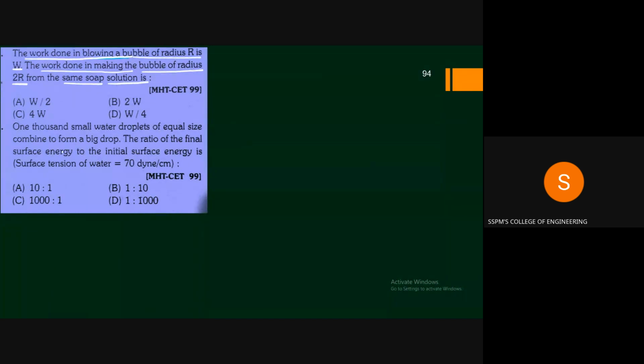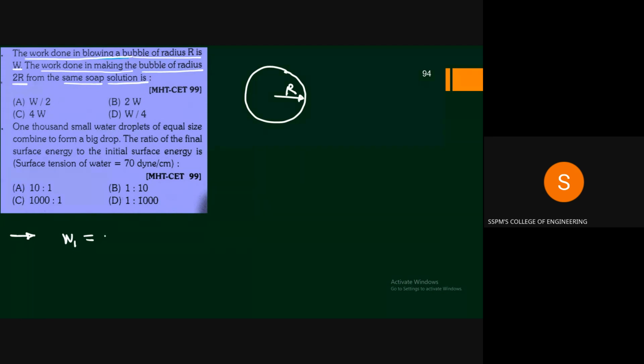So basically here we want to find out the ratio of initial work to the final work. So initial work, let us assume W1. Here we want the soap bubble having the radius r. So to make the soap bubble of radius r, what is the work done?